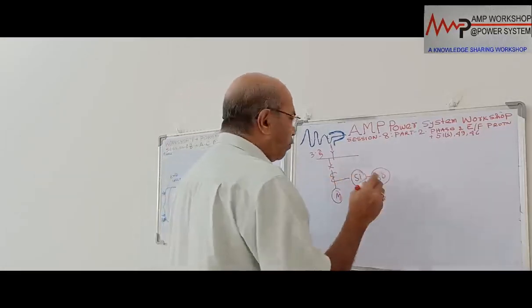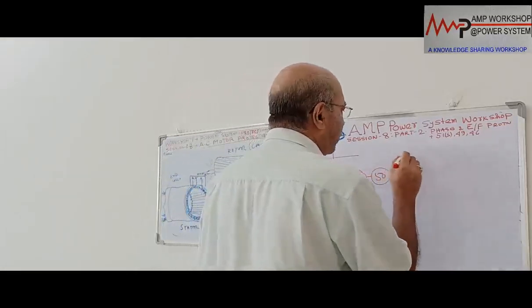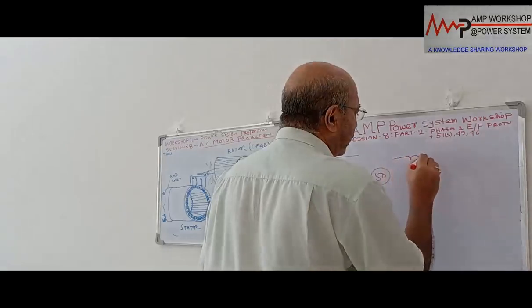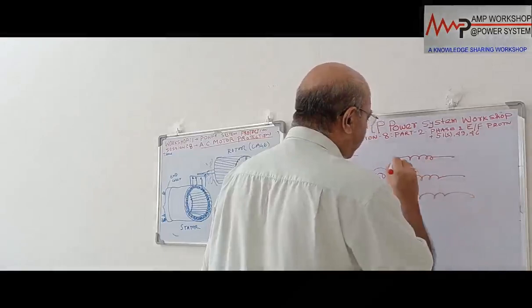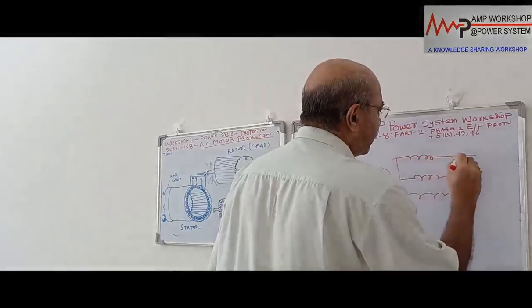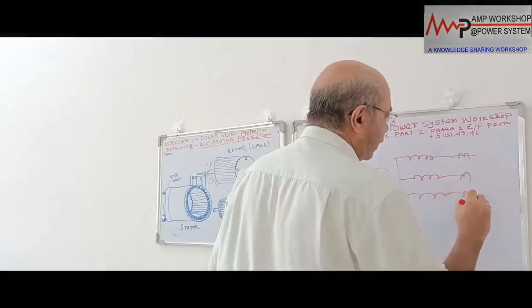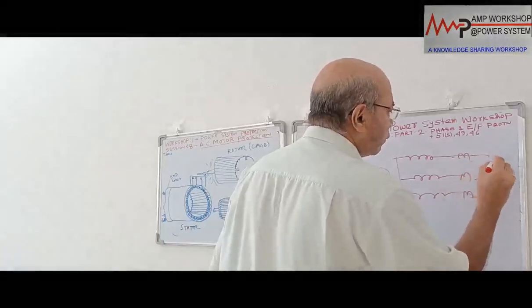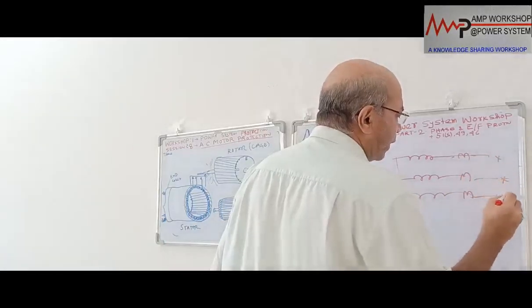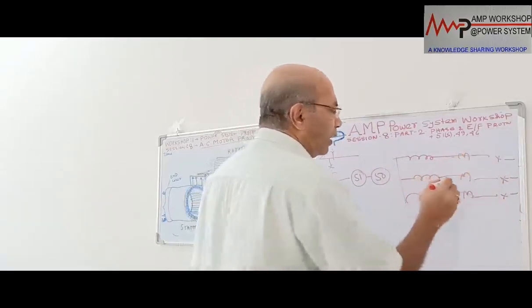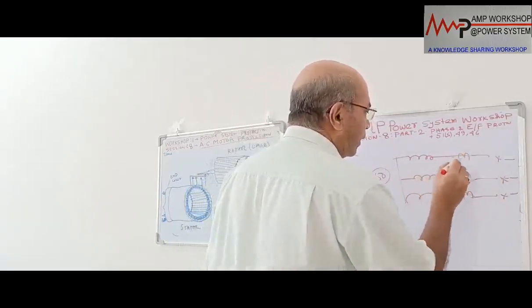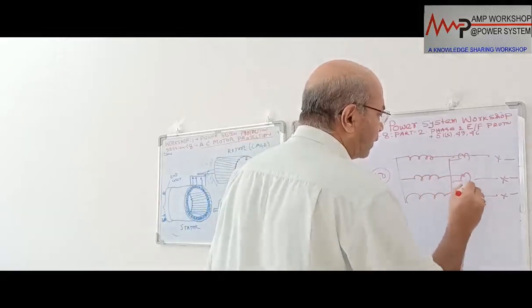This overcurrent relay, if you go to the three phase connection, how will it be? This is the motor winding. These are the three windings of the motor, connected in star. We provide the CT over here. These three CTs will be connected over here, going to the switch gear. This is a breaker, or an MCB or MCCB, whatever the switching device. Now these three are shorted over here, and then these leads are coming.